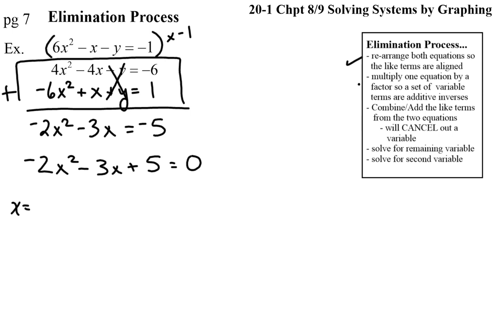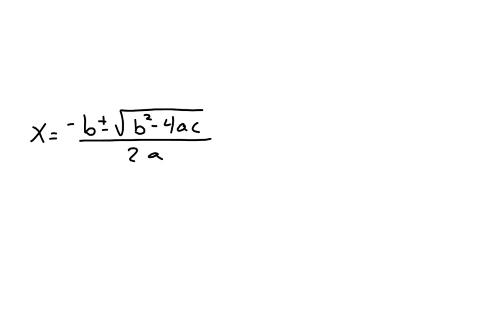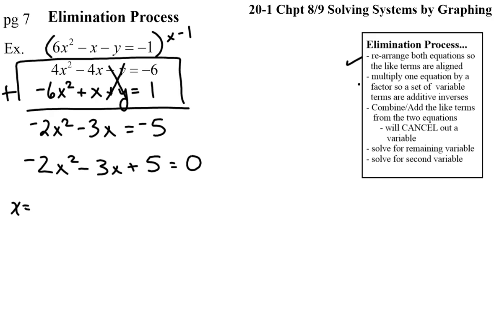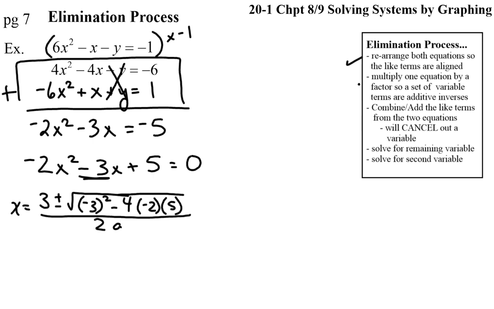Remember the quad formula, if you recall: x is negative b plus or minus the square root of b squared minus 4ac, over 2a. That's what we need to work with the quad formula. So x is equal to negative b, but a negative 3 is 3, plus or minus the square root of b squared, which would be negative 3 squared, minus 4 times the a times the c, and all of that is over 2a, and a is, of course, negative 2, so that would be 2 times negative 2.